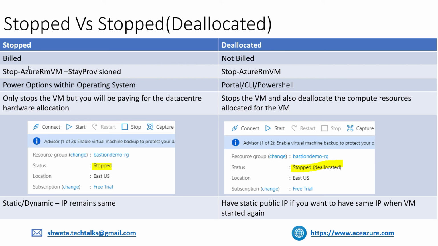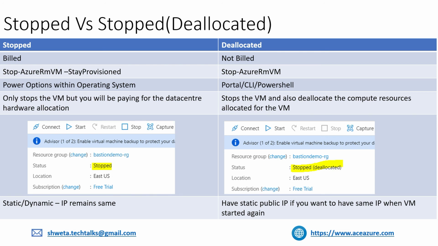You can also stop the virtual machine simply by going into the power options of the virtual operating system, like shut down from within the operating system, and it is going to only stop the virtual machine and not deallocate it. So sometimes you're wondering why your costs are still not low even when you're shutting down your virtual machines using the shutdown option inside your virtual machine.